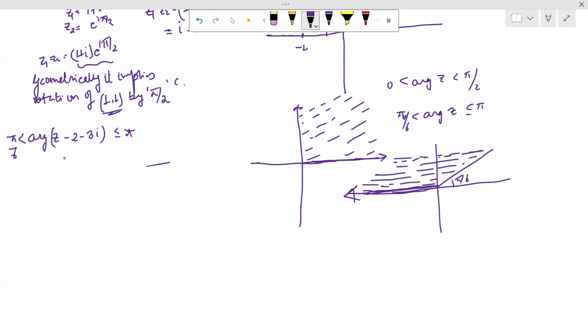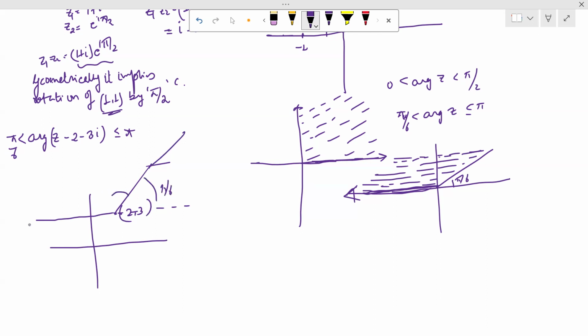Similarly, if I'm talking of argument of z minus 2 minus 3 iota lying between pi by 6 and pi, it implies I have shifted my origin, and now I'm talking of the argument lying between pi by 6 and pi with the shifted origin.